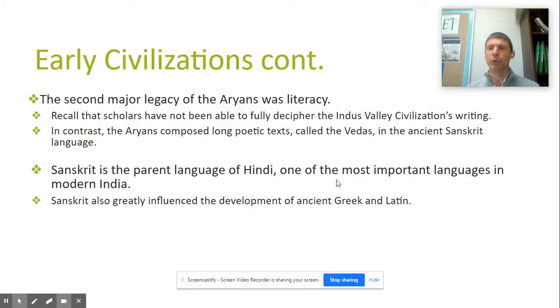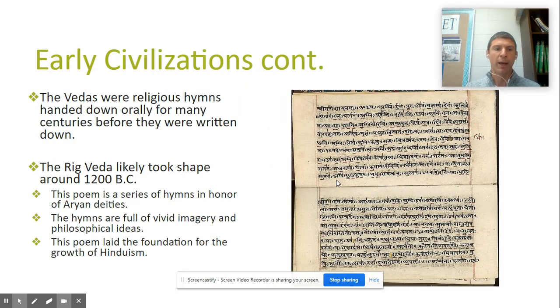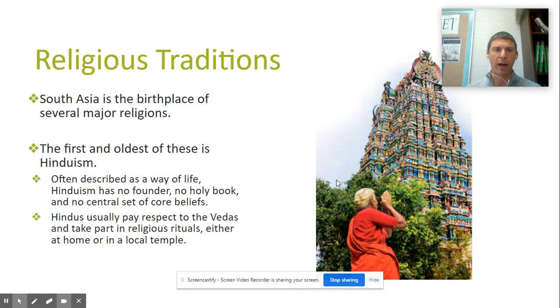So two influences by the Aryans were the class system and the influence on language through Sanskrit. And here we can see the Vedas, which are religious texts, and they would be important for Hinduism. Hinduism, we're going to talk about that here in just a moment.